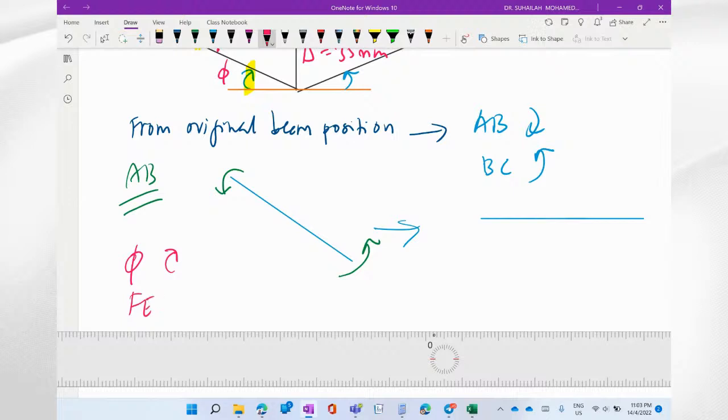Opposite. This is for AB. With angle and FEM, always opposite condition.